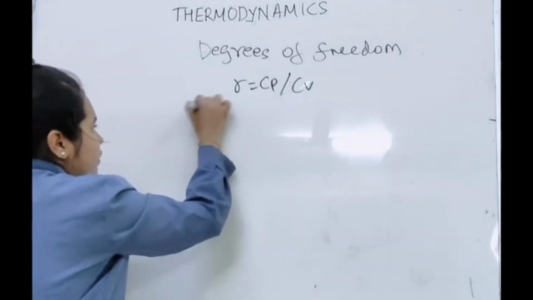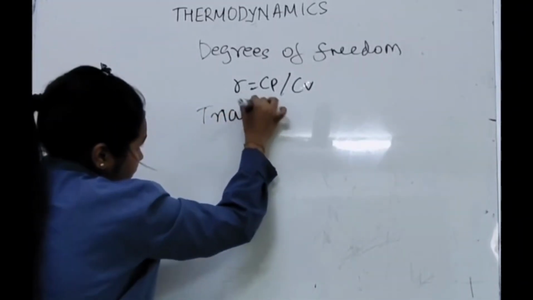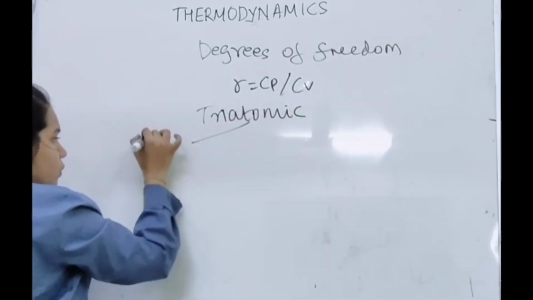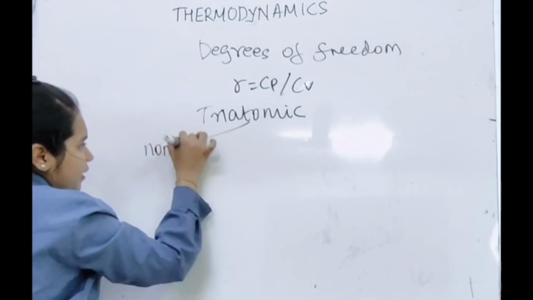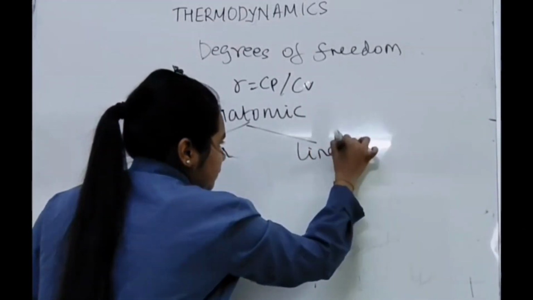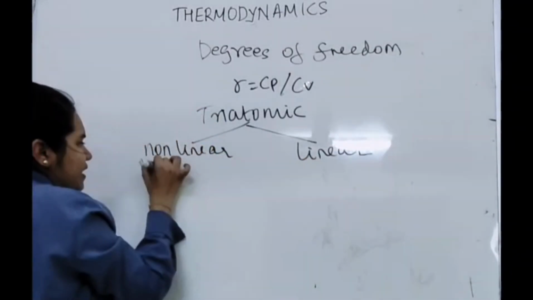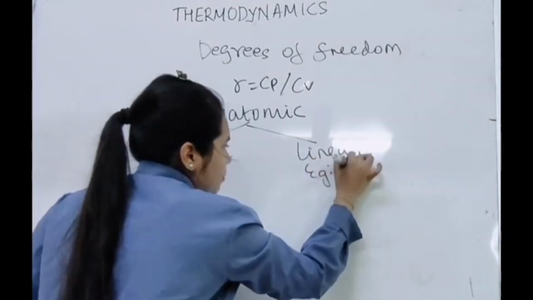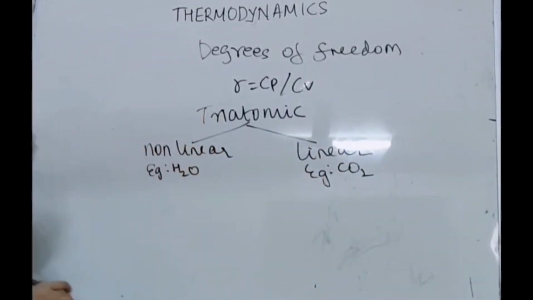Let's go for triatomic. In triatomic, there can be 2 scenarios: one is non-linear, the other is linear. For non-linear, you can take the example of H2O. For linear, you can take the example of CO2.